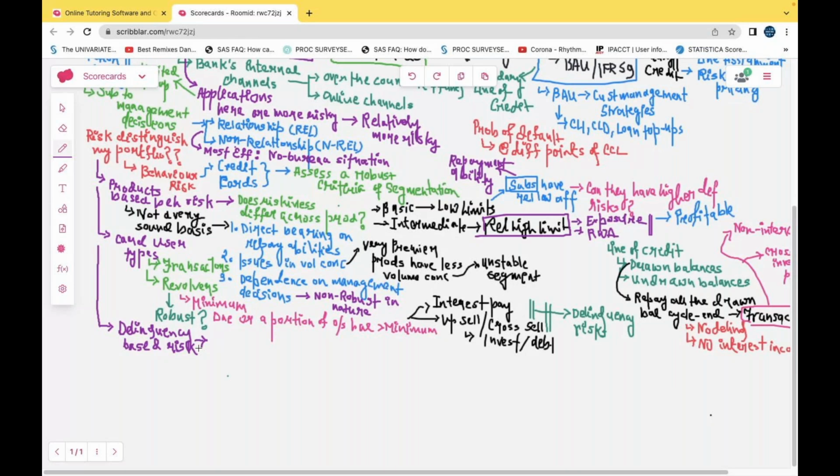So assuming that my exposure remains 1000, and let's say there are two people who have a limit of 500 rupees. Now what I can do is I can always reduce the limit assigned to one borrower to 300 and increase that of the better borrower to 700.